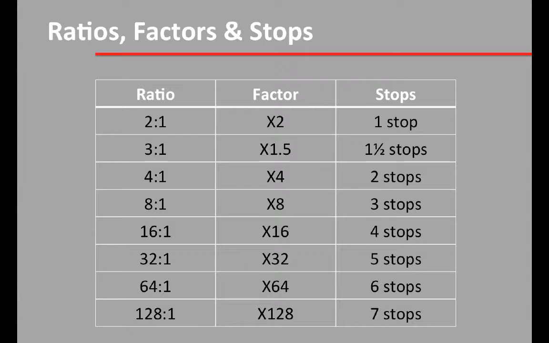What's interesting about an average scene is that it has a subject brightness range of 128 to 1. So this is the type of example where we use ratios. It might also be expressed as a 7 stop brightness range. So an average scene generally has a subject brightness range or ratio of 128 to 1. That's how we use ratios.